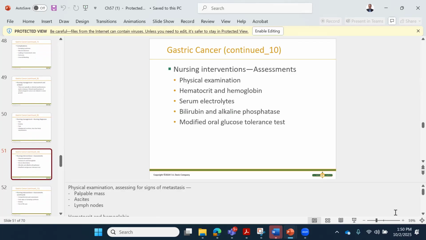There's going to need to be a number of different assessments that take place, including assessing for signs of metastasis. So you would want to assess for any lymph node involvement because, as you have probably learned, the lymph system is a super highway. It is a super highway to where the good guys can get on it, like the chemical mediators that are released, and anti-inflammatory chemicals, and the white blood cells can get to different areas.